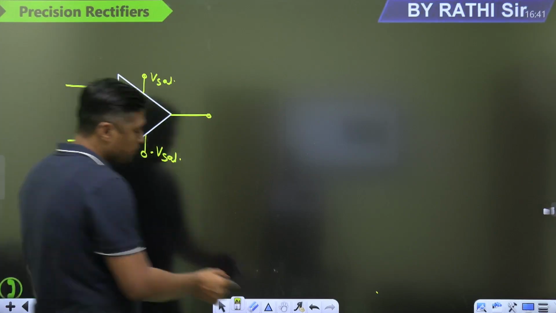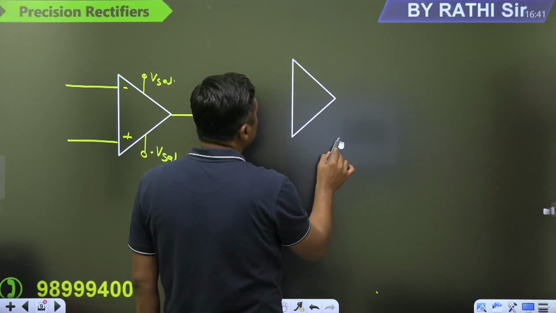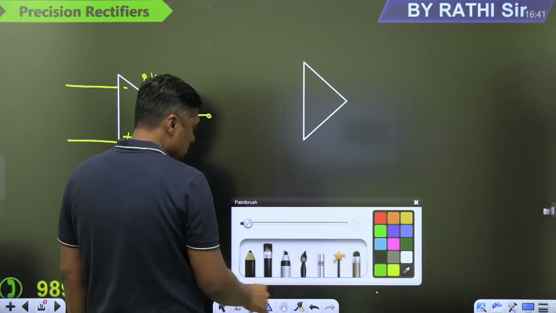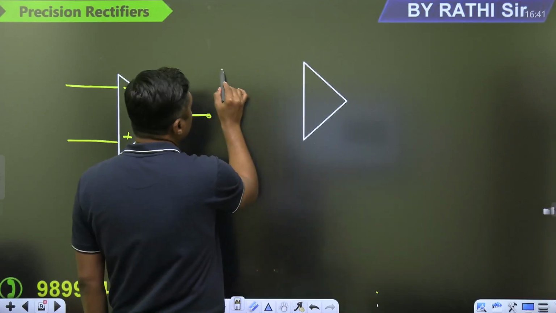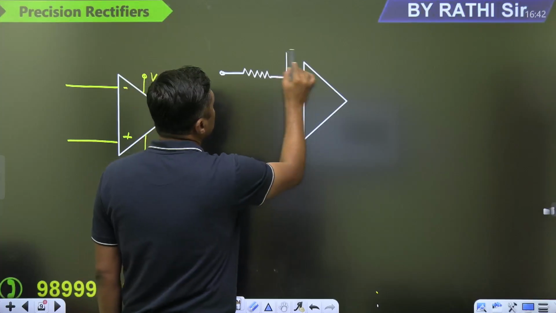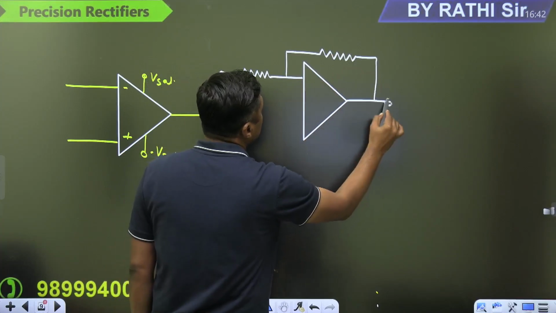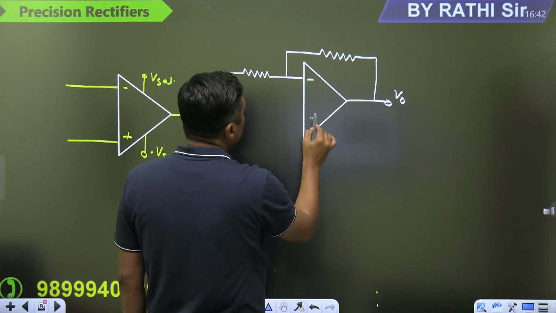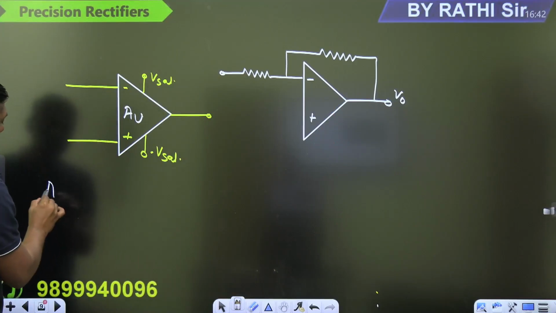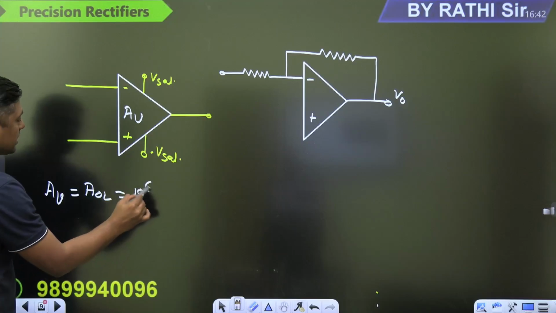Then watch this. Here we are giving negative feedback, and the gain of the operational amplifier is very high. This is called the open loop gain, that is nearly equal to 10 to the power 6.